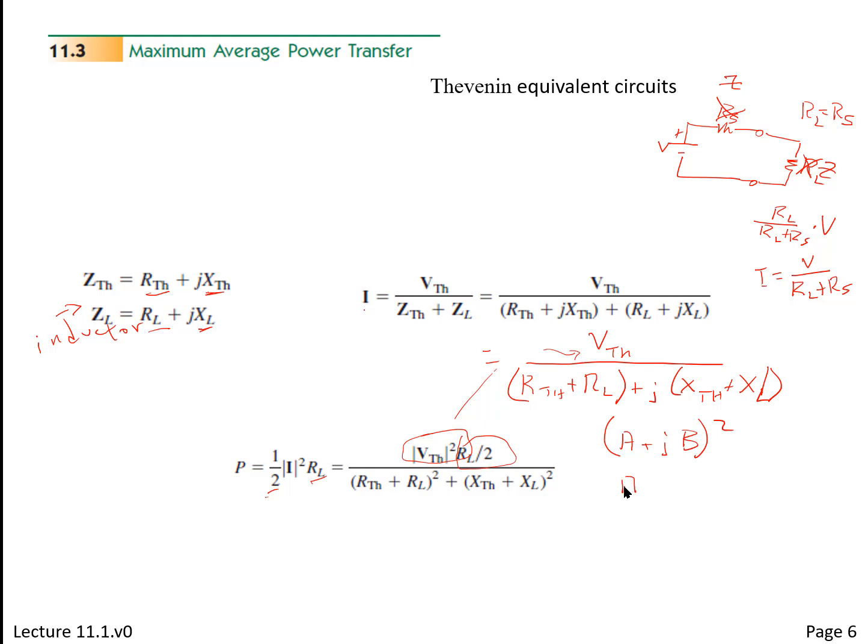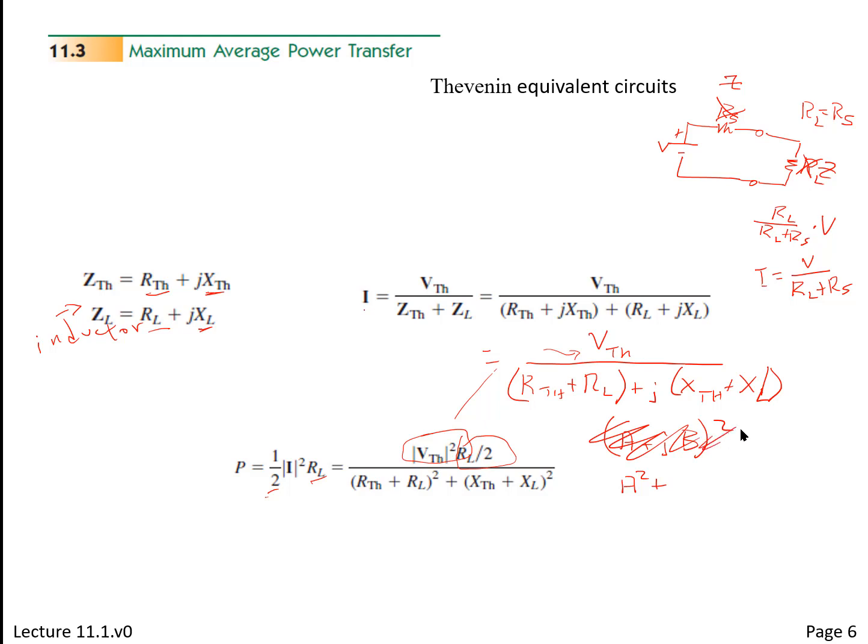So what's this? This is A squared plus 2JAB. Okay, I've got to fix something here. As soon as I wrote it, I realized this isn't what we're saying.